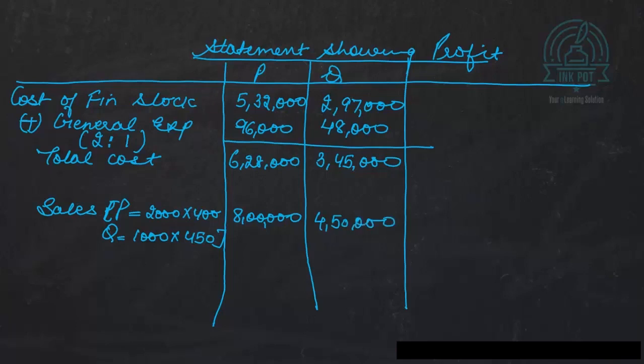So the difference between sales and cost is your profit. Cost plus profit is your sales.